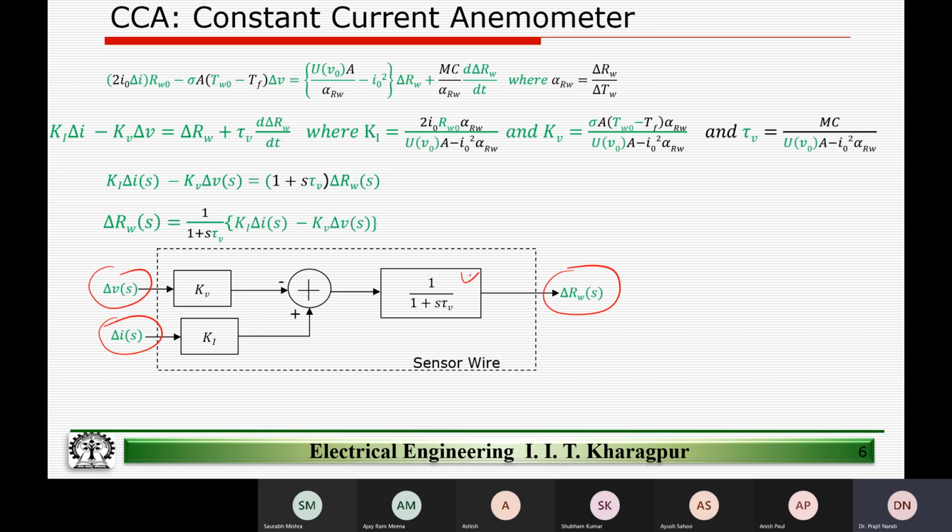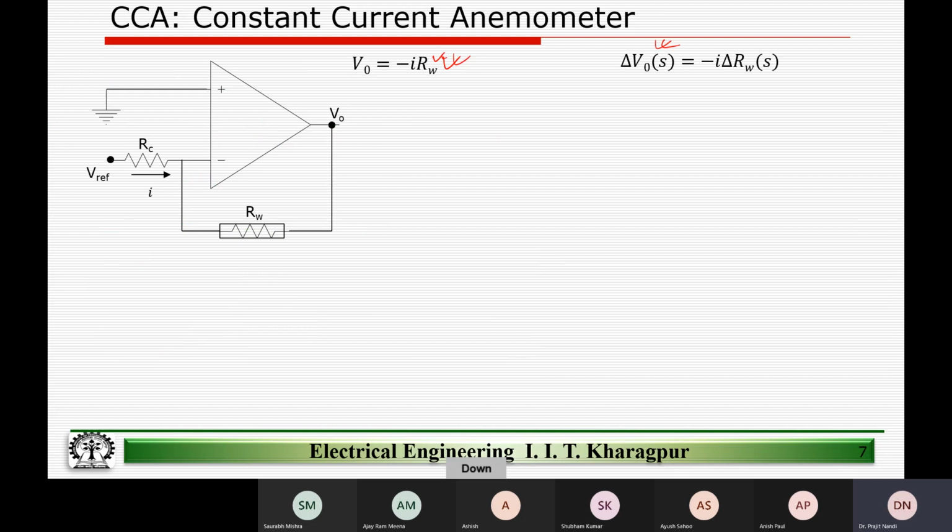Of course, there is a time constant associated with it, but we know that delta V0 is proportional to delta RW. Sorry, I think I mentioned this as velocity. So the output voltage as a function of velocity is this, right?